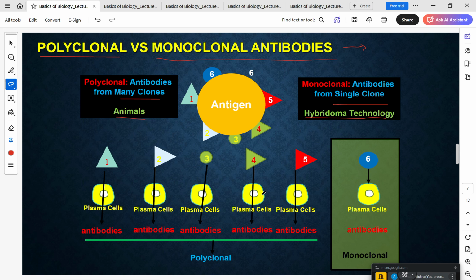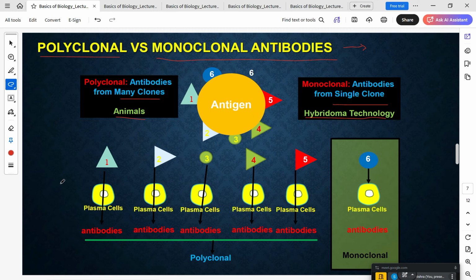So, once an antigen is exposed to the immune system, the plasma cells can make antibodies against different epitopes within the antigen. So, essentially, they can bind to different areas within the antigen or different fragments of the antigen, and depending on that, the antibody is going to vary.